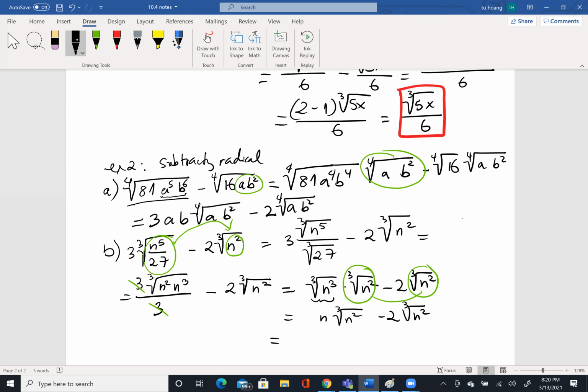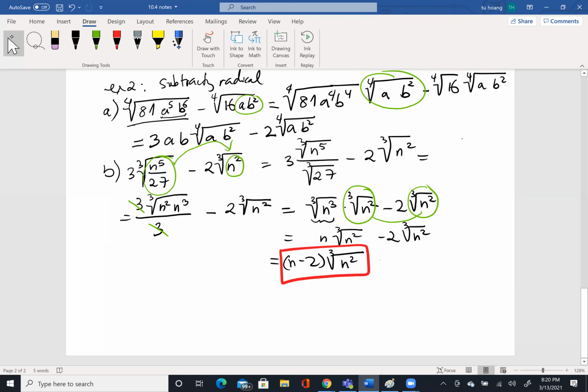You're just going to factor out n minus 2 and the cube root of n squared over here. This is the answer. So let's move to the next page.